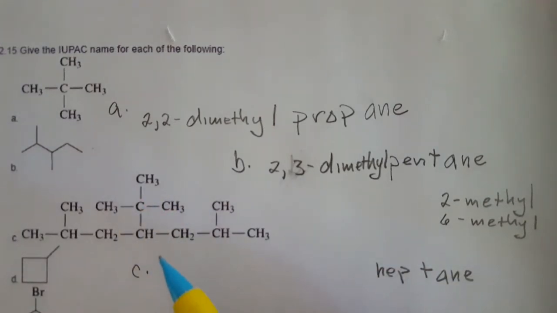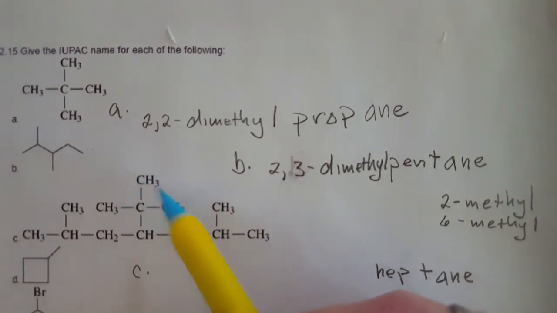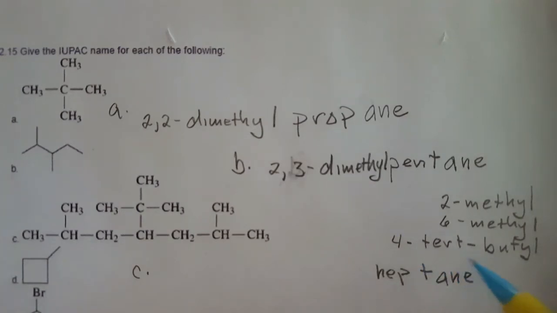This turns out to be a tertiary butyl group, and it's on carbon 1, 2, 3, 4. So this is going to be 4-tert-butyl. Now, how do we arrange them? Well, it turns out that we do it alphabetically.